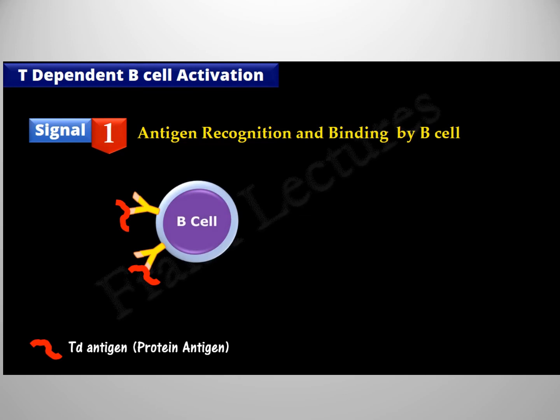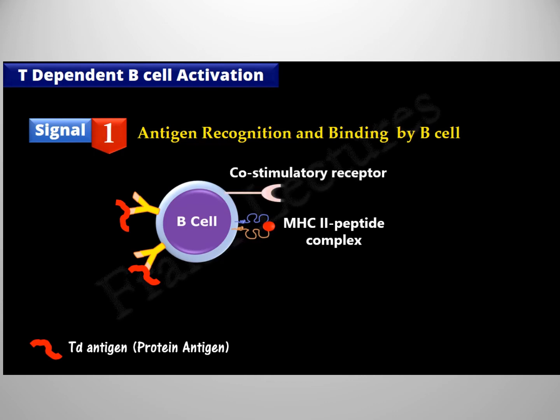Recall that the B cell is also an antigen-presenting cell. Besides recognizing the antigen, it also processes it and displays it on its surface as MHC2 peptide complex. These B cells also start expressing co-stimulatory and cytokine receptors on their surface. The most important co-stimulatory receptor is CD40.